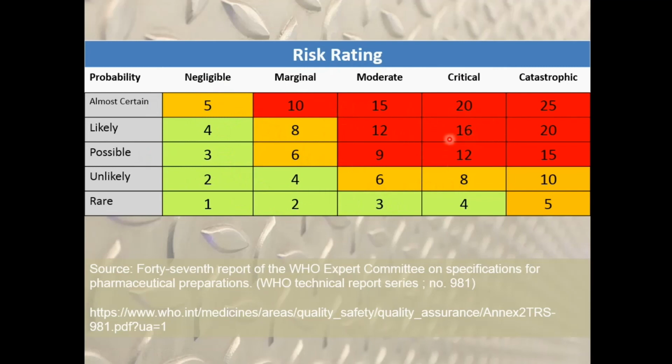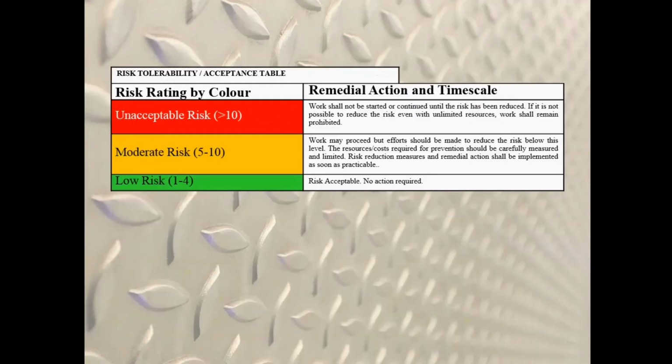For our exercise, a possible risk with critical consequences gives us a risk rating of 12 in a red area. This means that we need to implement actions to mitigate the risk. In this slide, you can see more detailed information about the risk rating by colors.